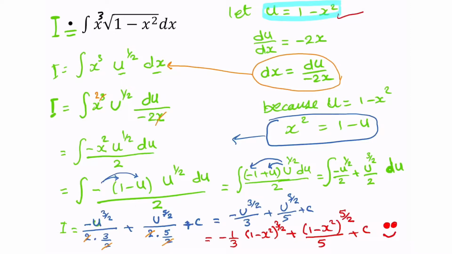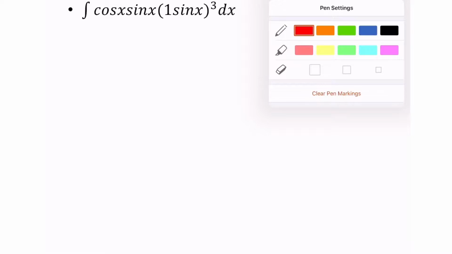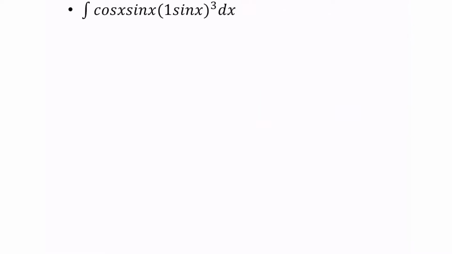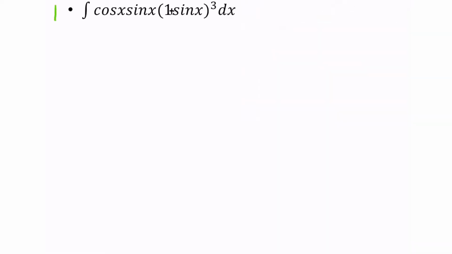Right, next slide is this. Again, need a little bit change here, the question. It's 1 plus sine x, right? So I'll just write it again. So again, go back, let's say this integral, integral of cosine x, sine x, 1 plus sine x all to the power 3.